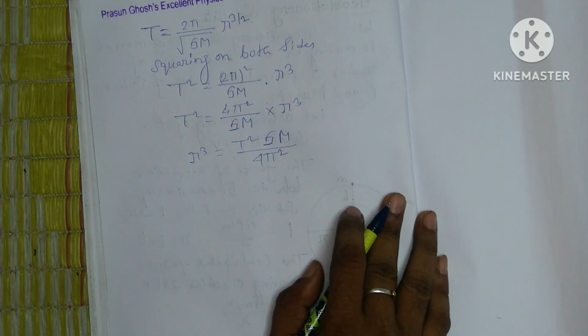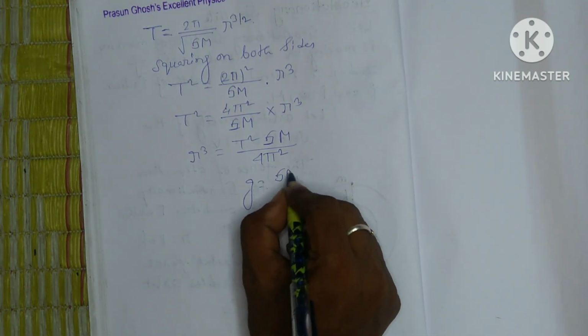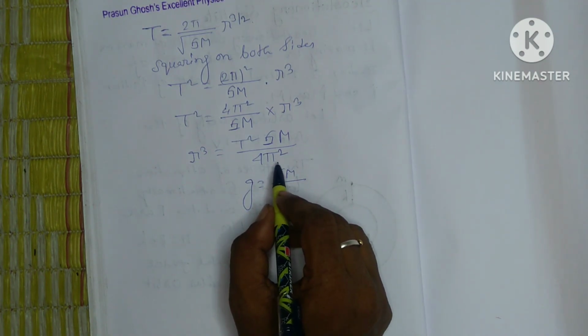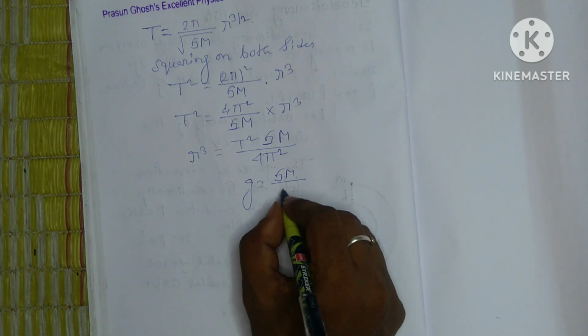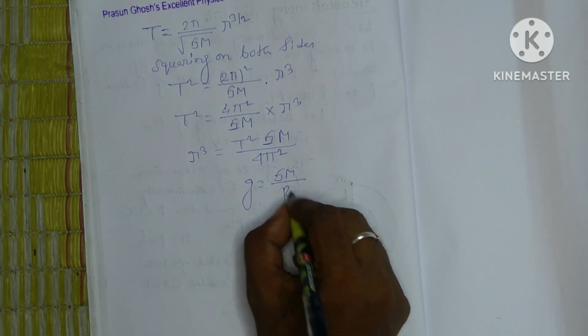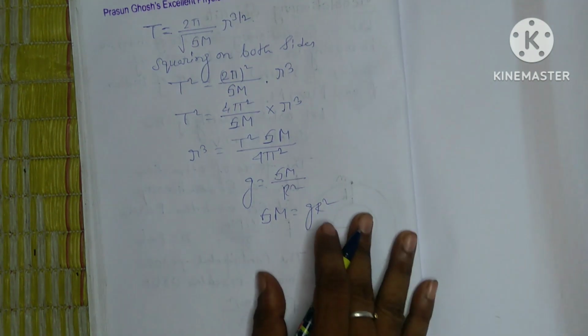Again, we know that g equal to GM by R square. So GM equal to gR square.